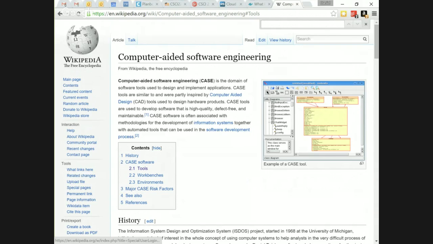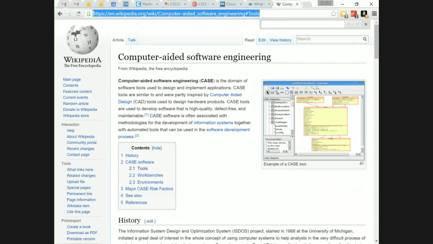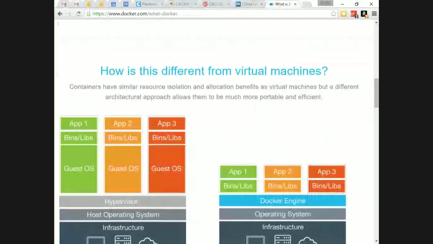But I put a couple links about Case, and this last one I thought was interesting, talking about how in certain ways agile methods are sort of at odds with Case tools. I don't know if you want to check it out. I thought it was kind of interesting.